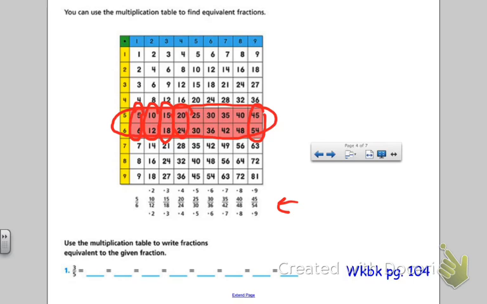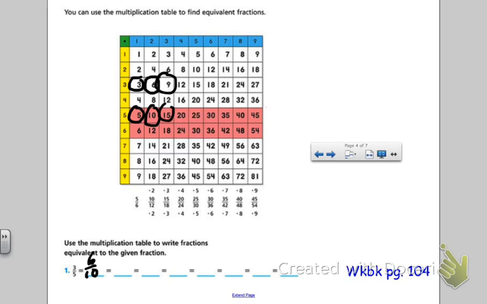We can do the same thing, but with maybe 3/5. This is number 1 on page 104. So here's 3/5. Another equivalent fraction would be 6/10. Just going to go straight across the rows. 9/15 would be equivalent.